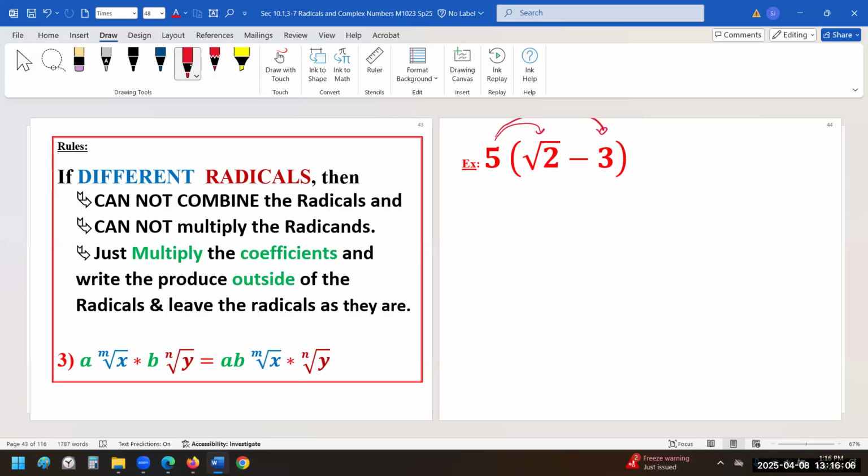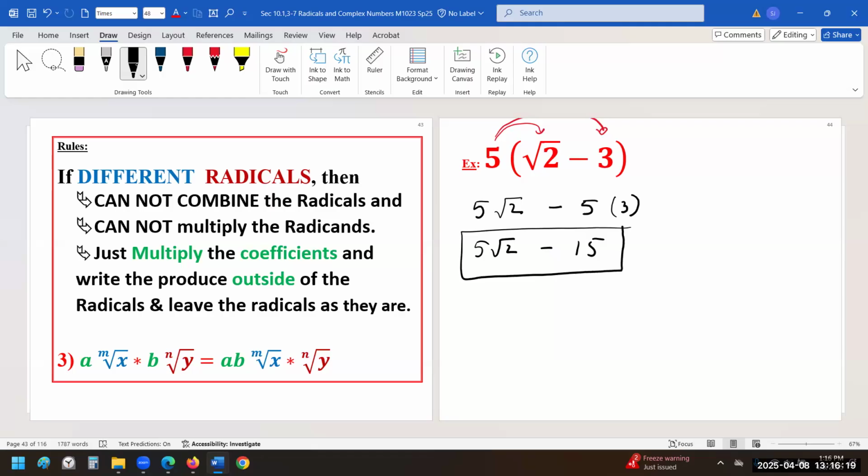So we distribute the 5 to the binomial inside. We have 5 times square root of 2 minus 5 times 3. So 5 square root of 2 minus 15. And that's it. We can multiply 5 and 3 to get 15, because both of them are outside.